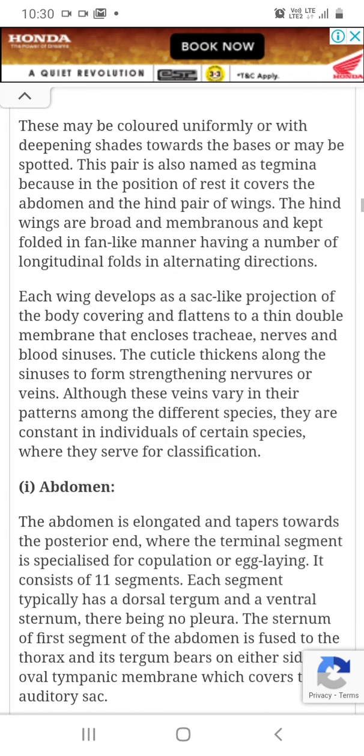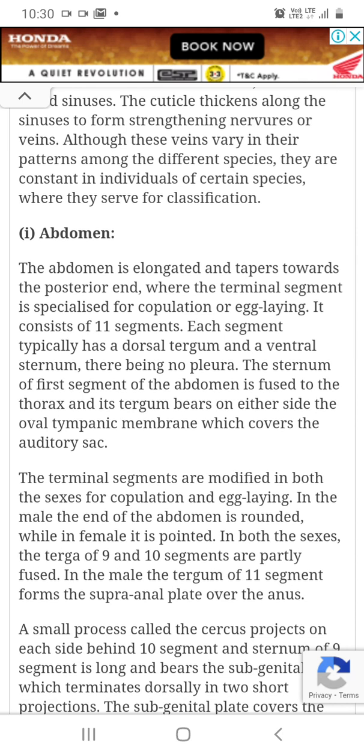Abdomen is the elongated and the last distinct segment. It tapers to the posterior end where the terminal segment is specialized for egg laying. Grasshopper abdomen consists of 11 segments.